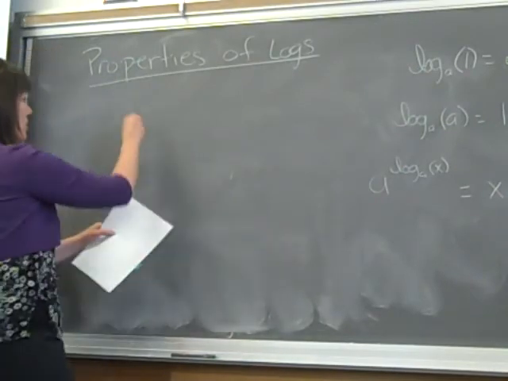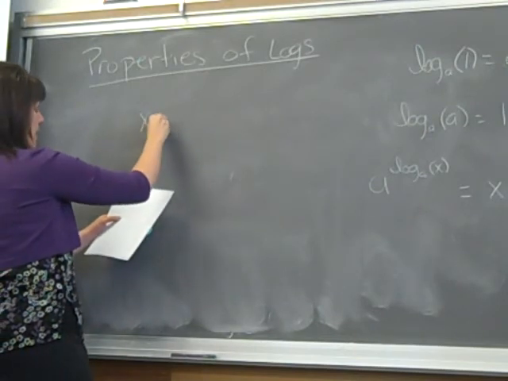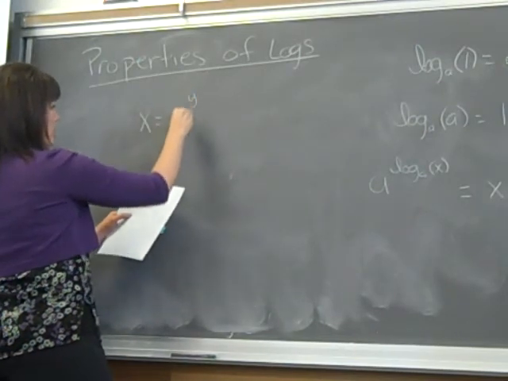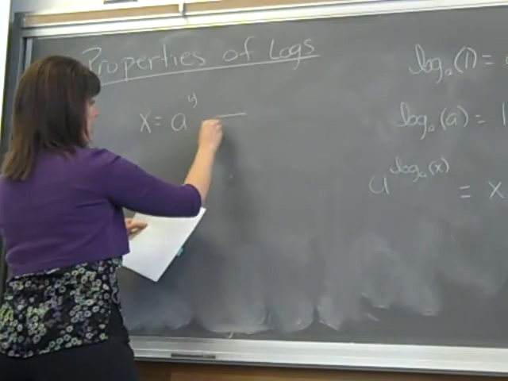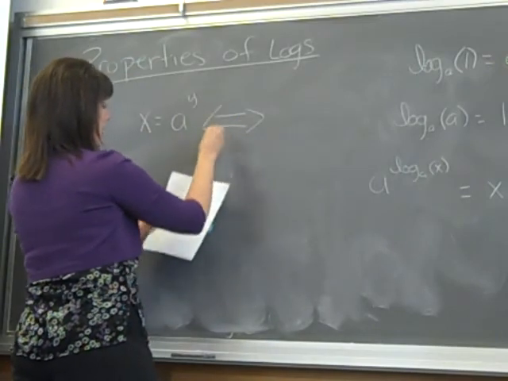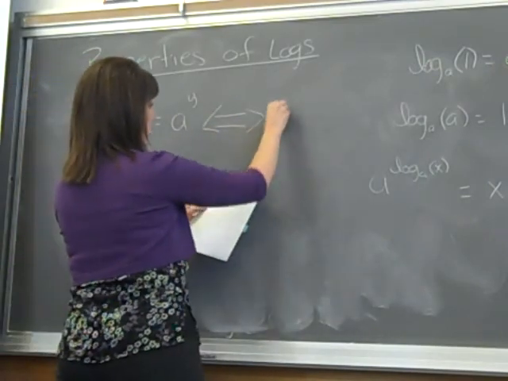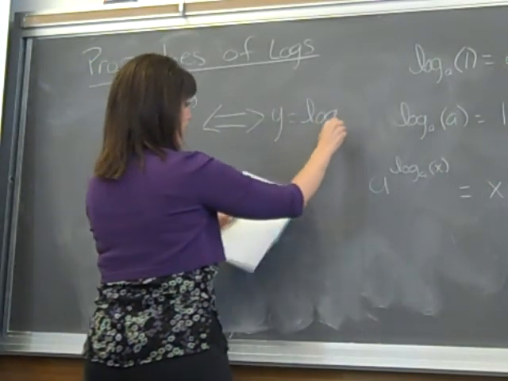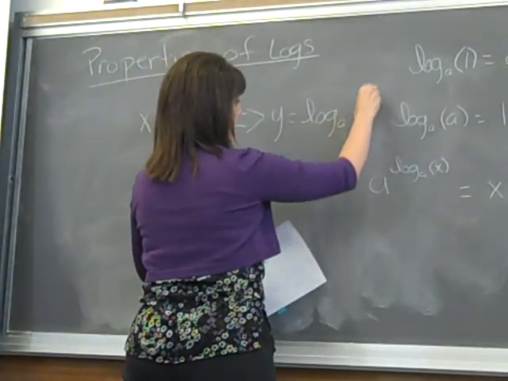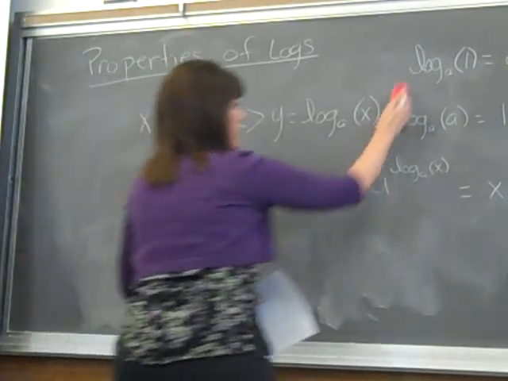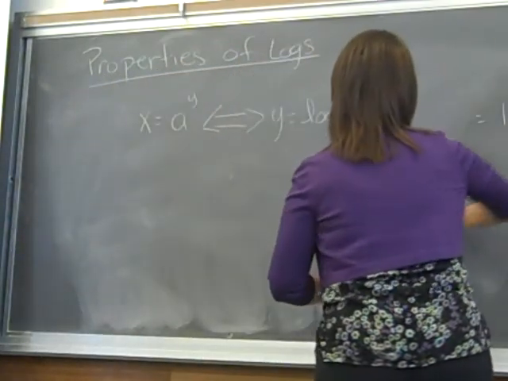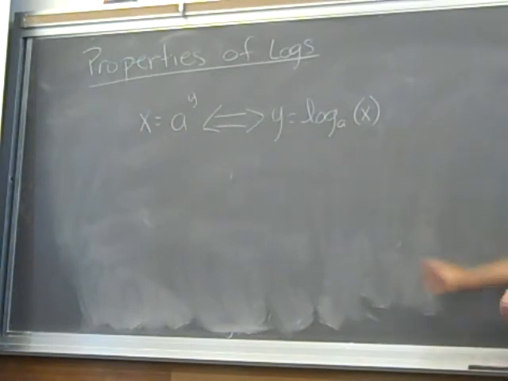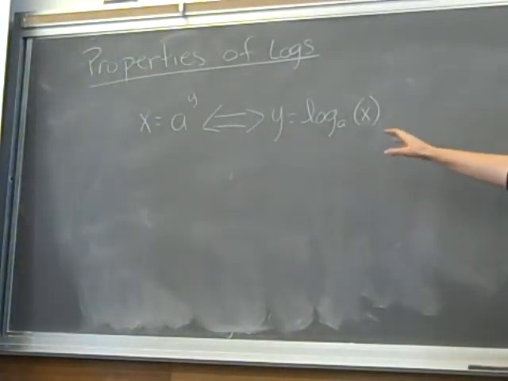So here is the rule to do that. If I have an exponential equation, and then I'm going to show you how this all ties into each other, y equals log base A of x. So write this little rule down, and then I'll show you why.